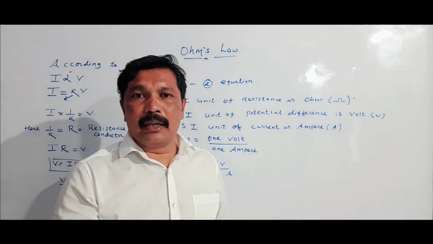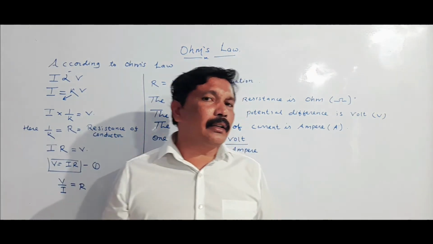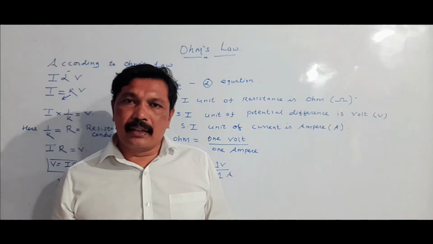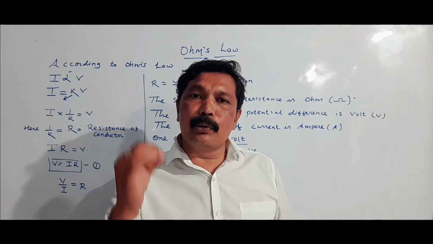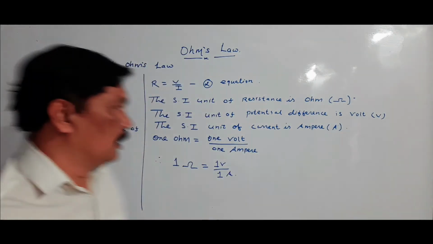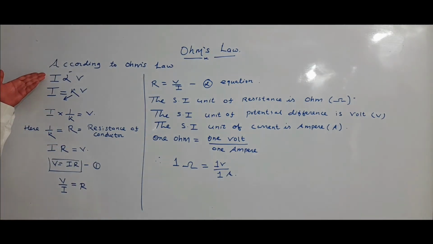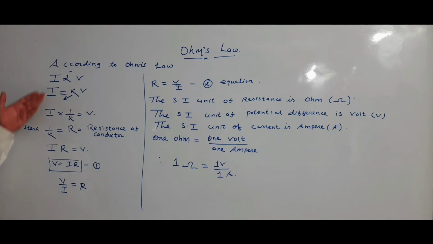My dear student, according to Ohm's law, if the physical state of the conductor remains constant, then the current flowing through the conductor is directly proportional to the potential difference across its two ends. By writing Ohm's law, we can derive the expression V is equal to IR.